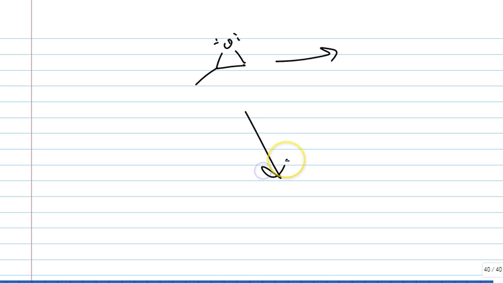There's acid catalyzed and base catalyzed. So let's try the acid catalyzed.